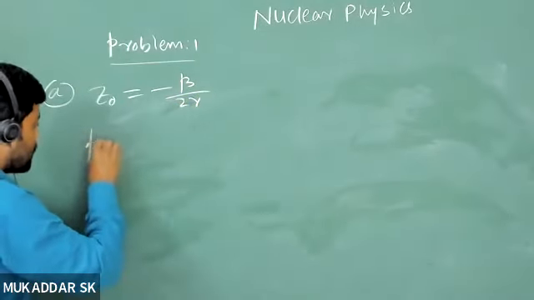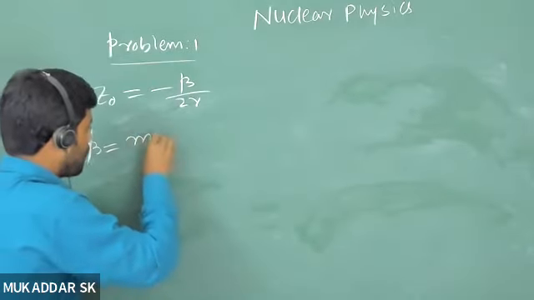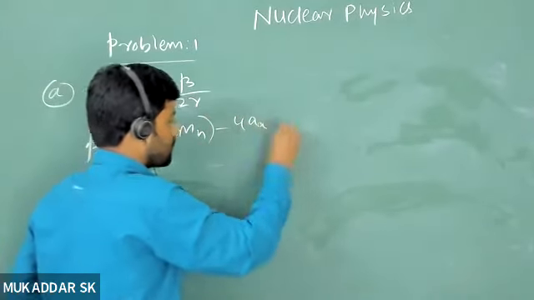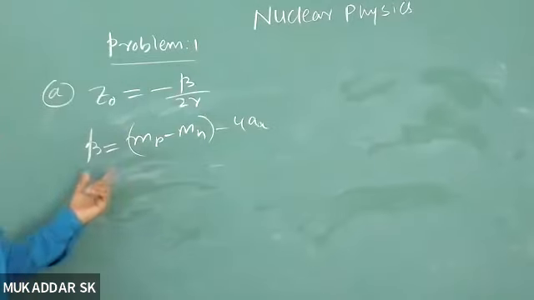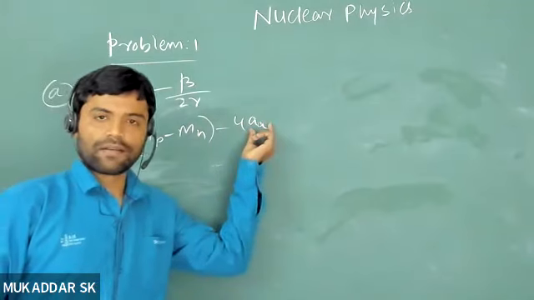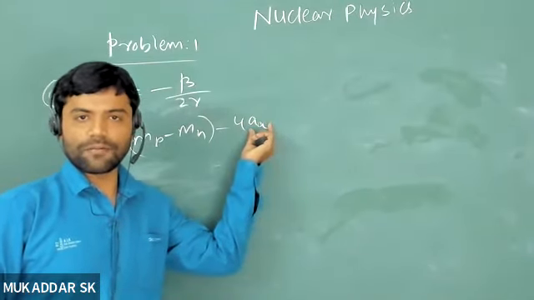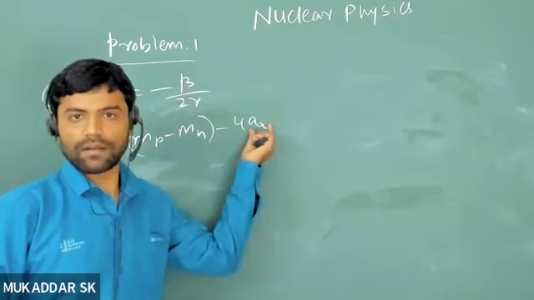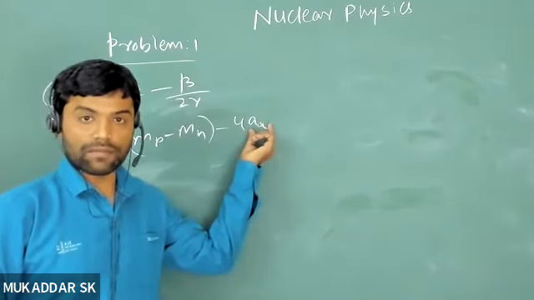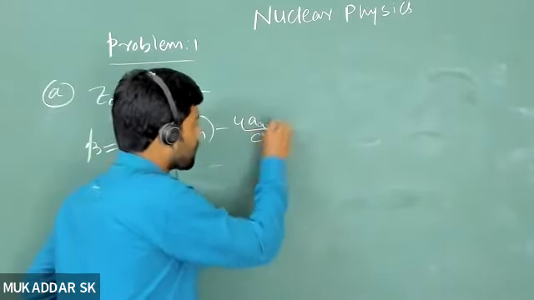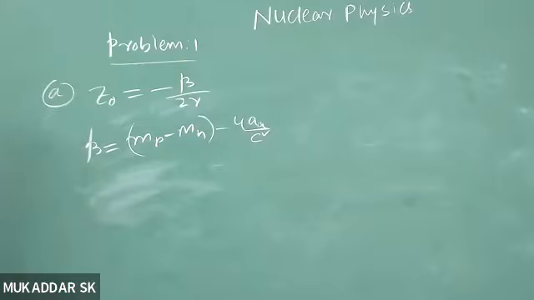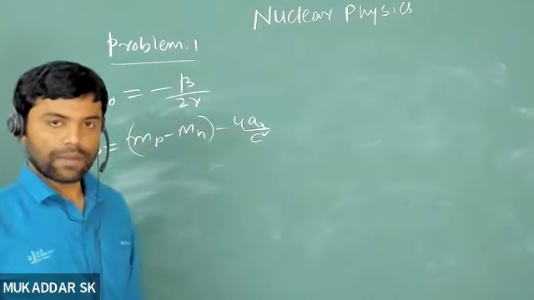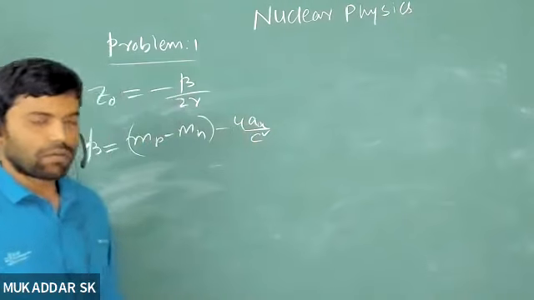If you remember beta, that was nothing but the expression mp minus mn minus 4 asymmetric energy, है ना. बट आपको याद है जब आपने बीटा को डिफाइन किया था, इट वाज लाइक इन द एटॉमिक मास यूनिट, बट यहाँ पे एटॉमिक मास यूनिट में गिवन नहीं है. यहाँ पे एसिमेट्रिक कोफिशिएंट एमईवी में गिवन है. तो आपका एटॉमिक मास में गिवन नहीं है, सो यू हैव टू कीप दैट सी स्क्वायर हियर आल्सो. ठीक है ना, दैट यू हैव टू कीप इन माइंड.